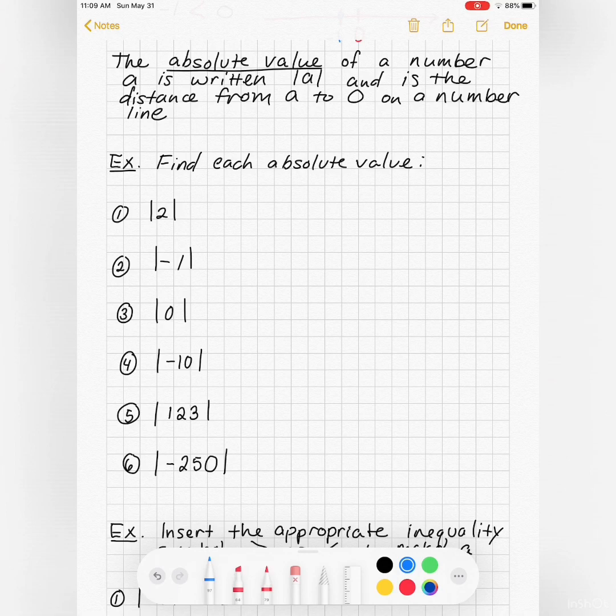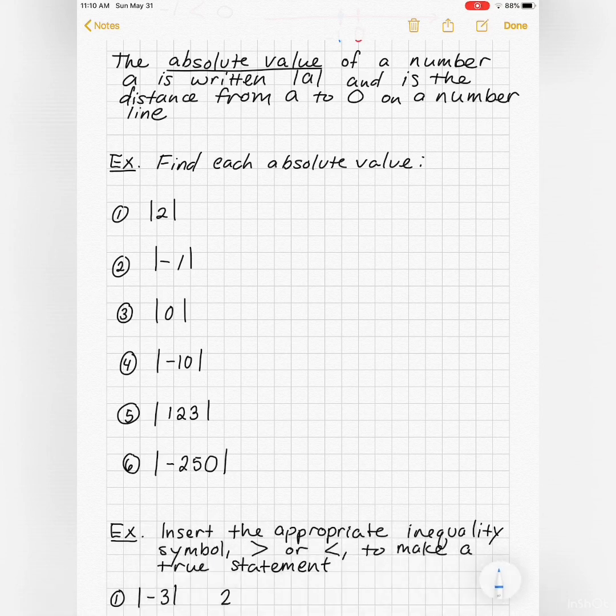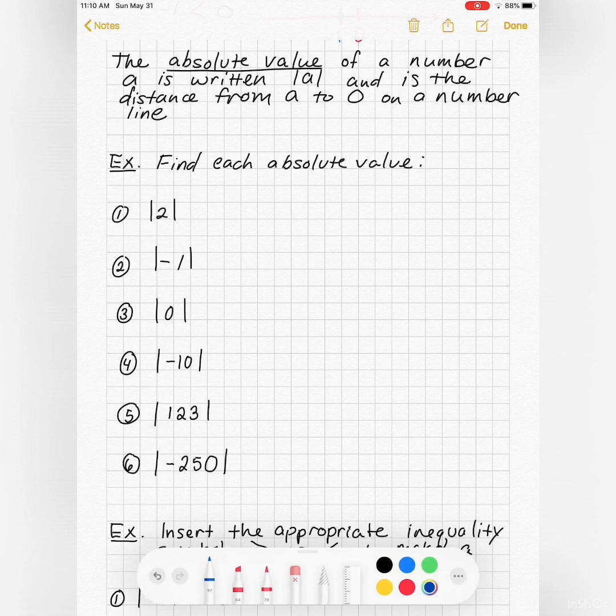So these vertical bars around the variable or around the number, these mean the absolute value. Okay, so one way to think about these is to, again, use a number line. So we can do that. And then we can use the definition. So let's put 0 on here.